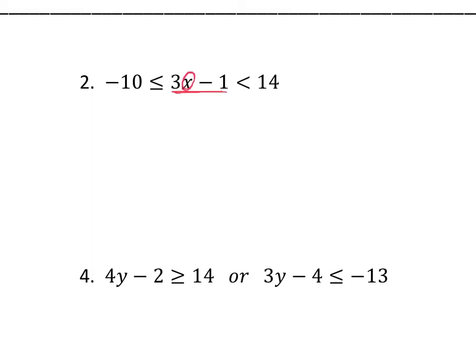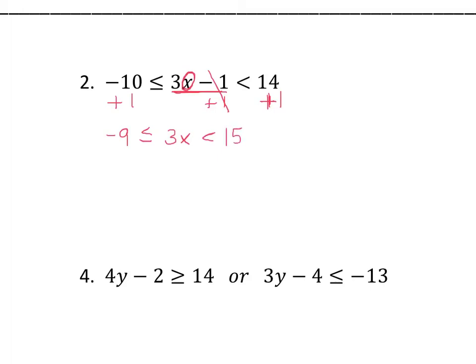So right now I'm going to add 1 to every side of the inequalities, which means there's 3 sides, so you're going to have to add it to all 3 sides. -10 plus 1 is -9. Go ahead and bring down your less than or equal to sign. But now because these cancel, I have 3x in the middle, and then it's less than 14 plus 1, which is 15.